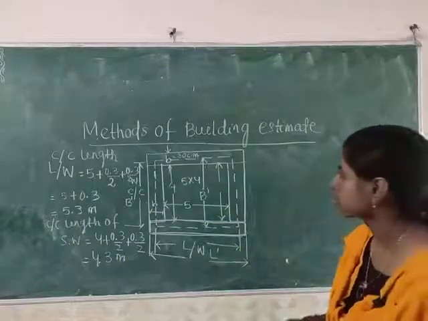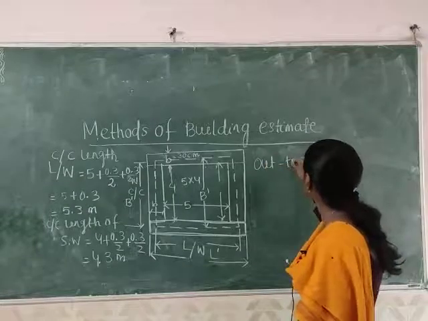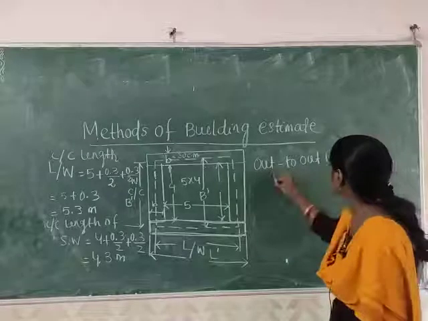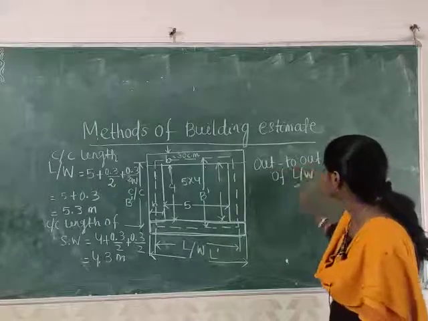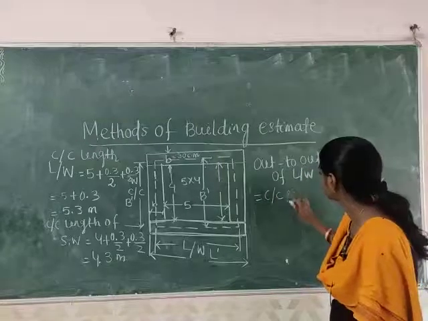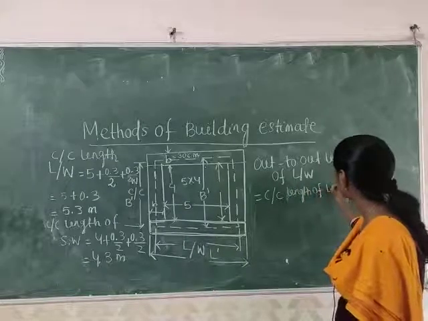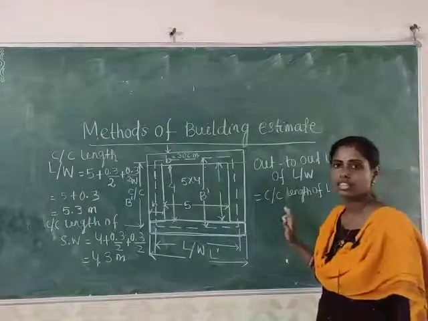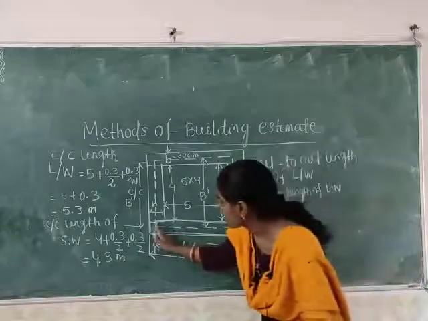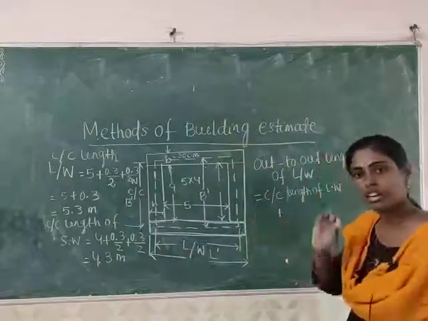with the center to center length of the long wall, we will add half of the breadth on one side and half of the breadth on the other side.